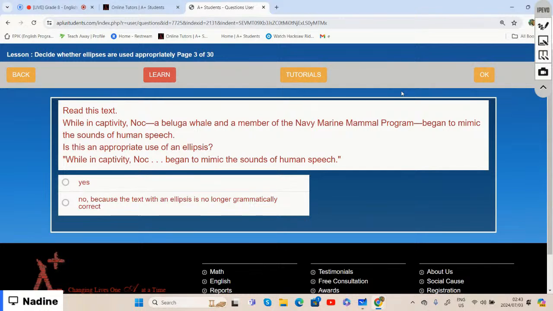We need to say if the ellipsis below is an appropriate use within the text. So it says, while in captivity, Noc began to mimic the sounds of human speech.